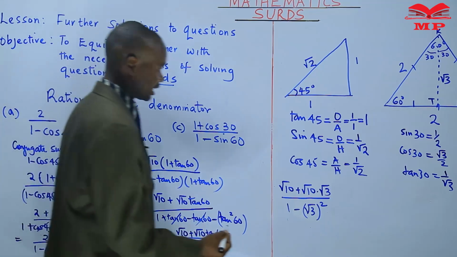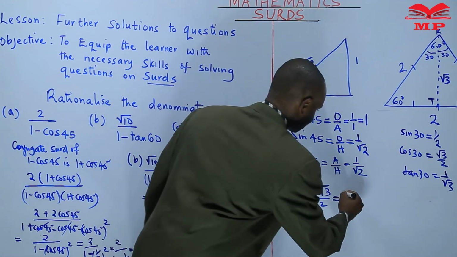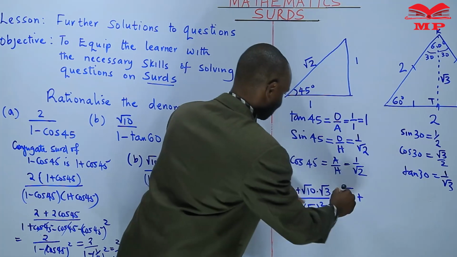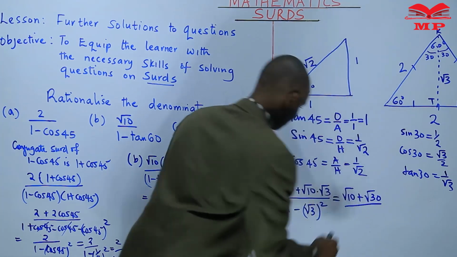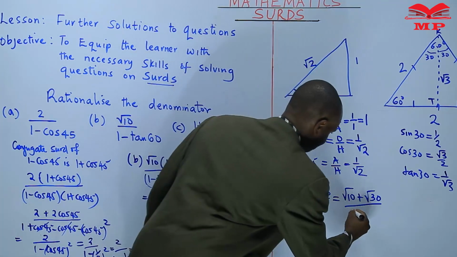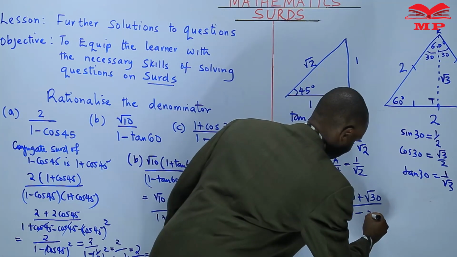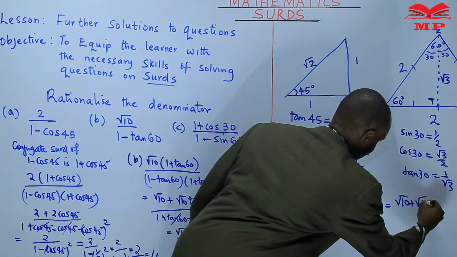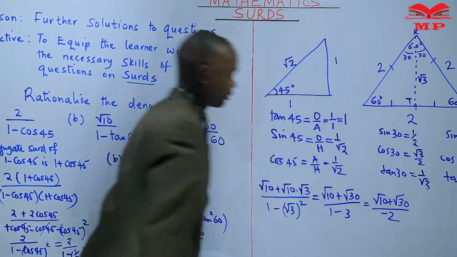What will I get? I'll move to square root of 10 plus this times this, square root of 30, over 1 minus 3. That will give you square root of 10 plus square root of 30 divided by minus 2.